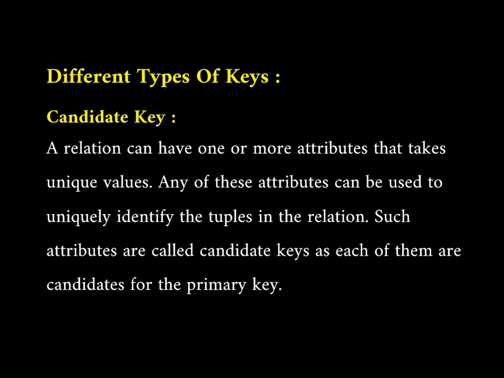Hence these two attributes are the candidate keys, as they both are candidates for the primary key. Now, what is a primary key? The primary key is the unique key.